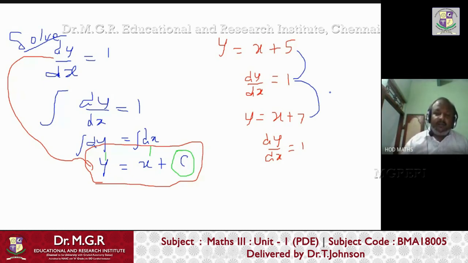Why? Physically it may represent something, and this also may represent something. Suppose physically one represents the share price and the other represents the movement of a car, but when you find the speed or the rate of change, they may be the same.